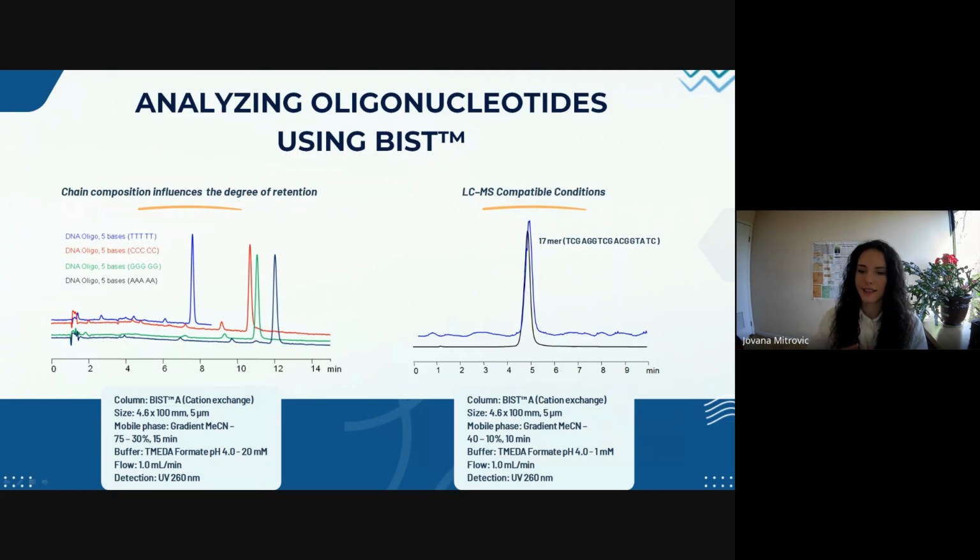Let's look at the next example. We kept the same setup, a cation exchange column with a TMEDA-forming buffer, and look at how chain composition affects retention. Here, on the left, we can see that even oligonucleotides of the same length can have different retention times depending on their base composition and charge distribution.